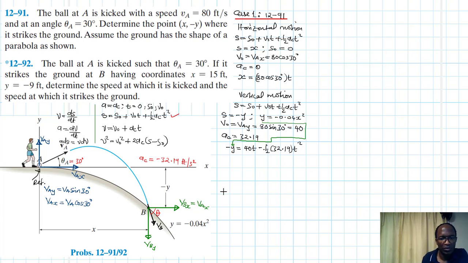Once we replace that y there, it's minus and minus, so this just becomes positive, so that this becomes 0.04x squared equal to 40t minus 32.19 divided by 2, which is 16.095 t squared. So let's replace this x here.